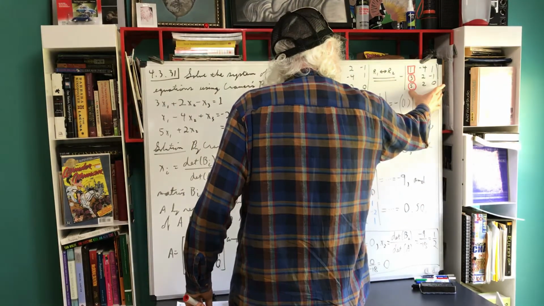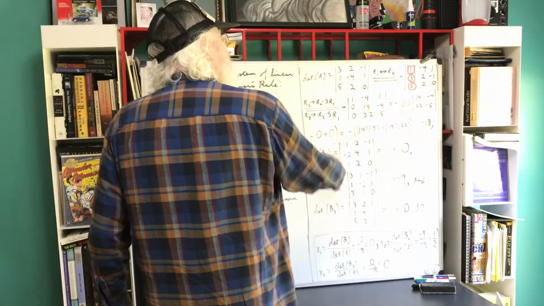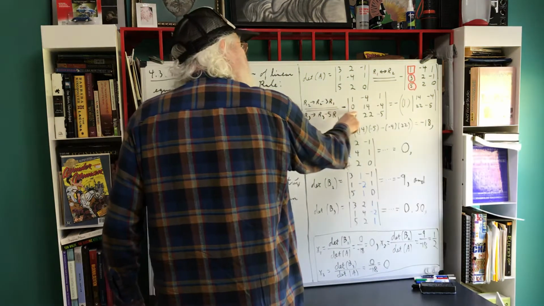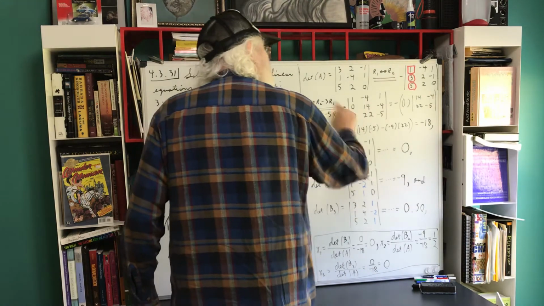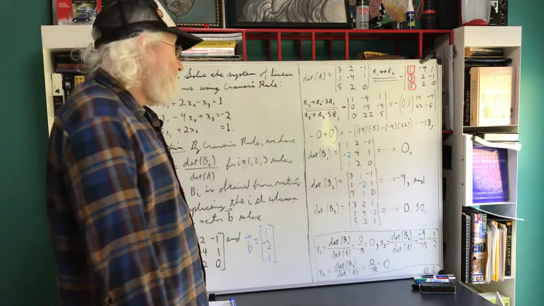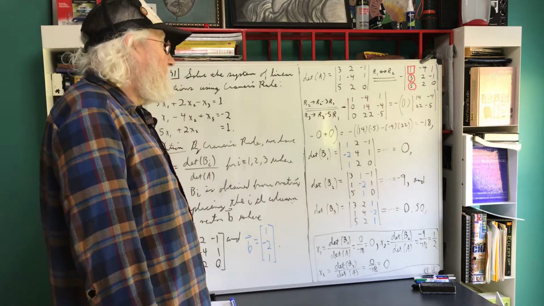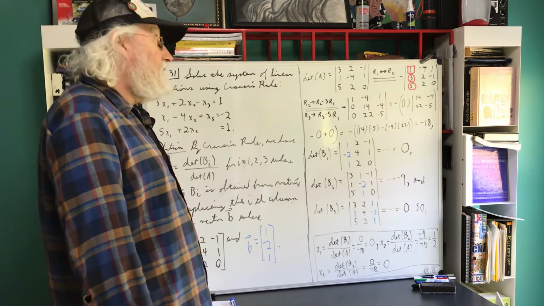Now we'll take a determinant of this, but first let's row reduce. We'll take row 2 and subtract 3 times row 1 to get a 0 here. We'll take row 3 and subtract 5 times row 1 to get a 0 here, and some other arithmetic things happen. Now we've got a matrix with a couple of zeros in convenient places.